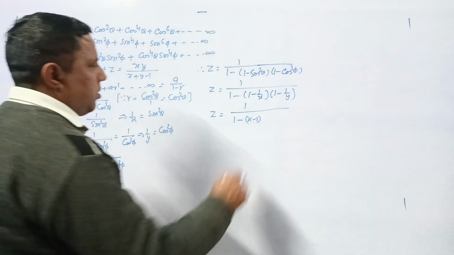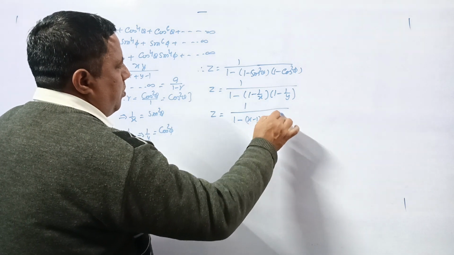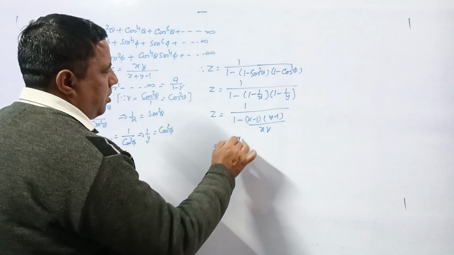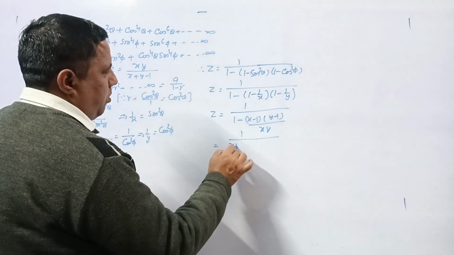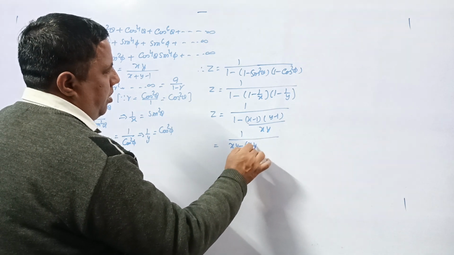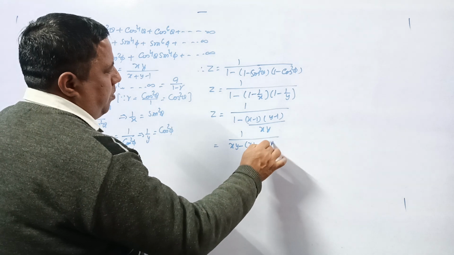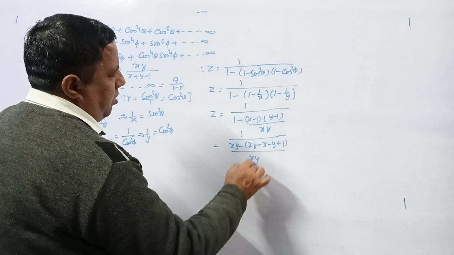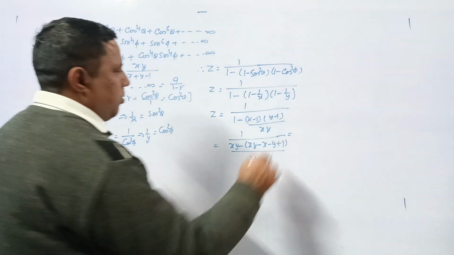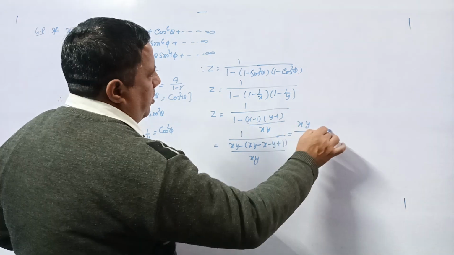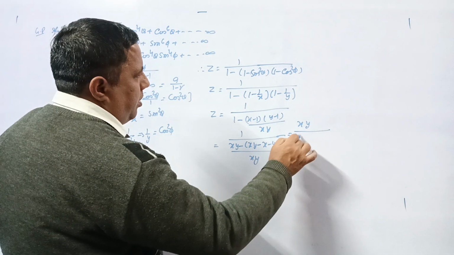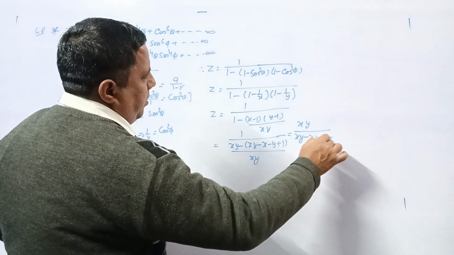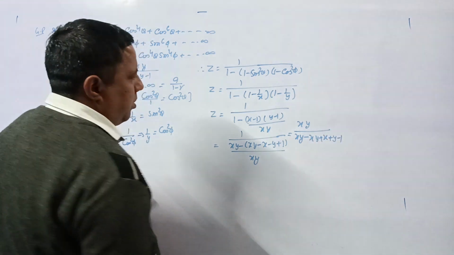y minus 1 upon xy. That gives us 1 upon xy minus x minus y plus 1 upon xy, that is xy upon xy minus xy minus x plus y minus 1.